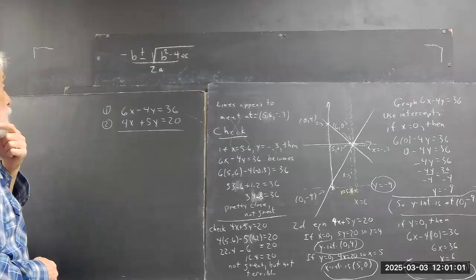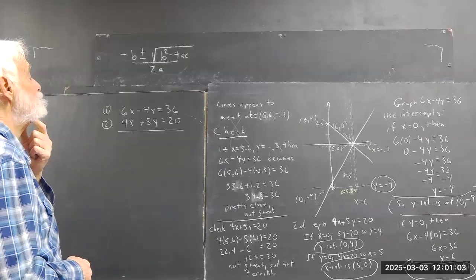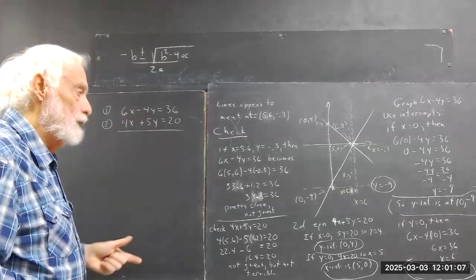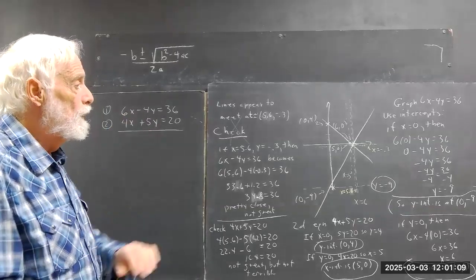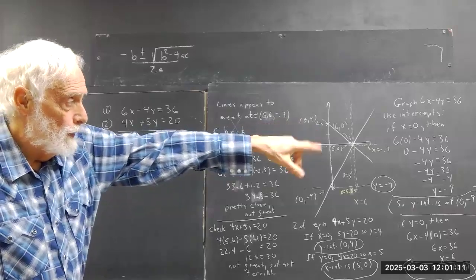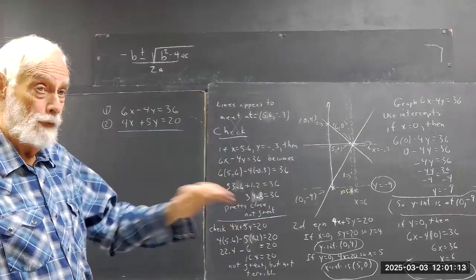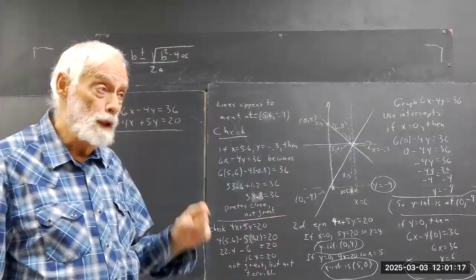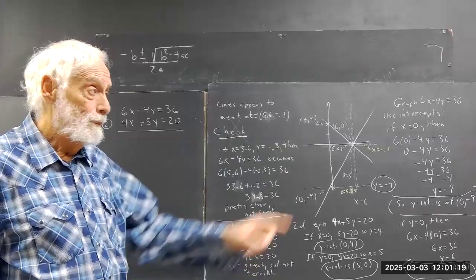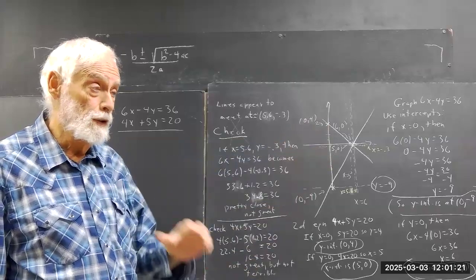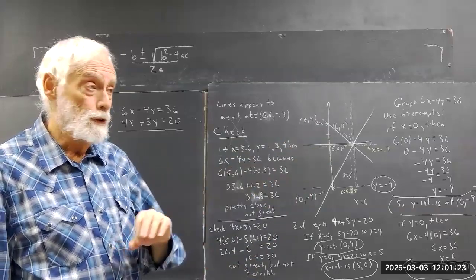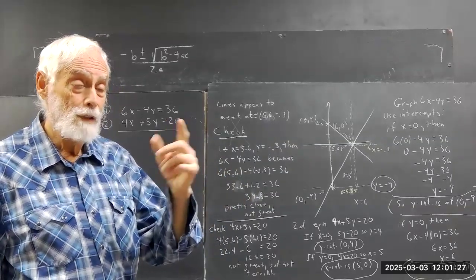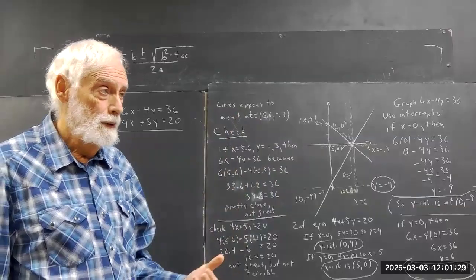I'm going to solve the first equation for y. Now, incidentally, some of you did choose to solve these equations for y and then graph them. I think you can see that the intercept method is much simpler in the case of these equations than the slope intercept. Because in the slope intercept, you only got 1 point, which is the intercept, and then you got to deal with the slope.